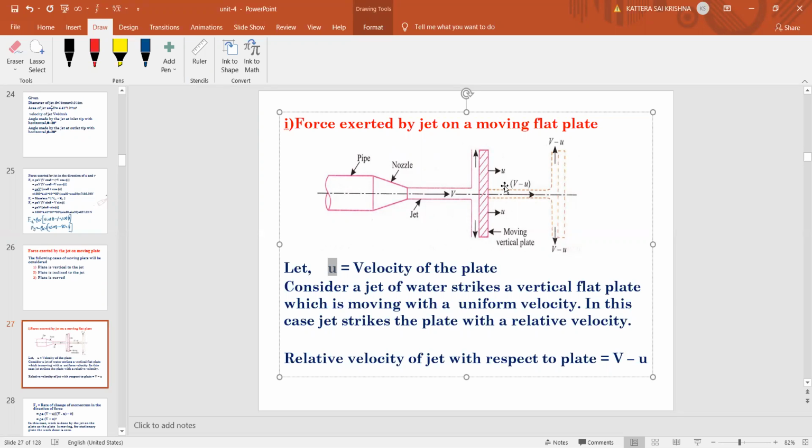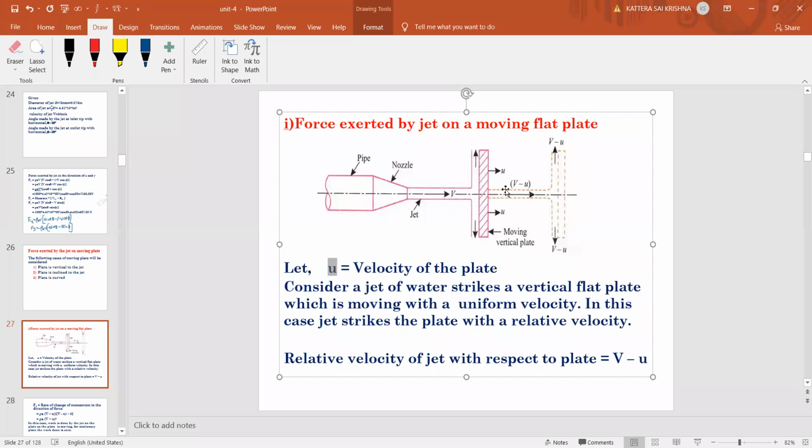So when the plate is moving, we need to consider the relative velocity of the jet, which is the inlet velocity. V minus u is called the relative velocity here.